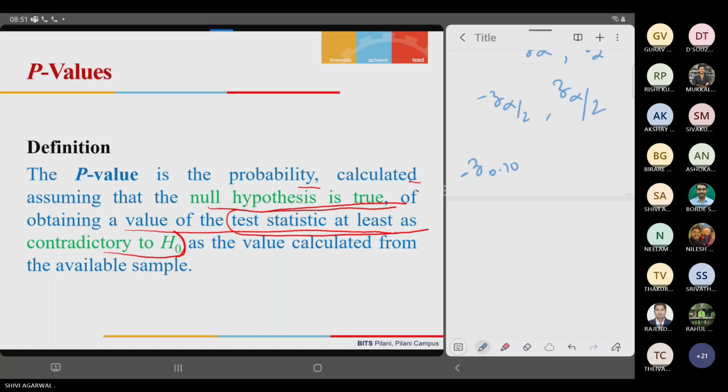The value is calculated from the available sample. We find the probability of the test statistic assuming that the null hypothesis is true, and this test statistic value we have already calculated using the sample data.